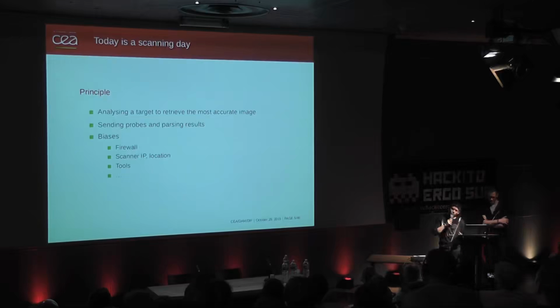We also have to know that we have some biases, because I'm making my scan from my home. Maybe my internet provider will just cut some packets, or the target may have a firewall. My IP can be filtered, or the target may want to show me something that is wrong.